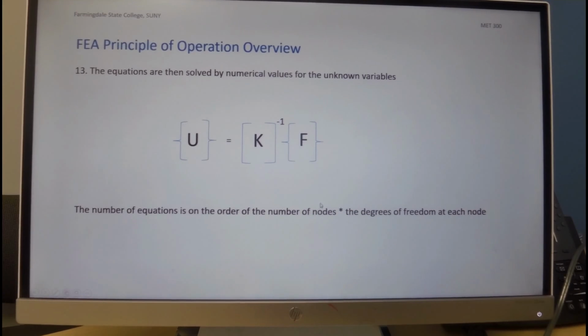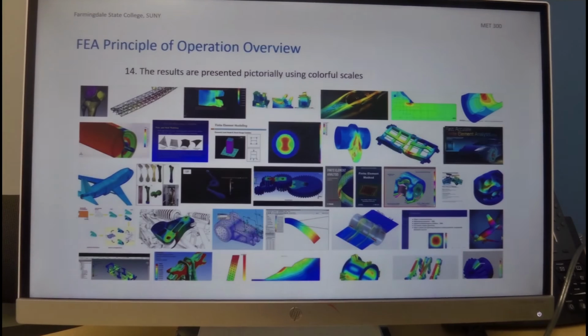A number of nodes could be 30,000 nodes, and degrees of freedom can be 6. So it's extremely important to have fast solution techniques for these equations, and that's what the finite element analysis tools are doing.